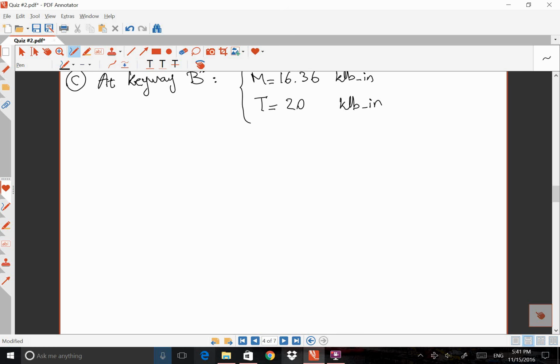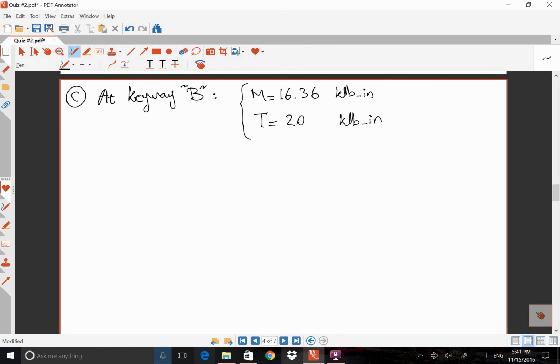Now I need to find two important factors for each of them. I don't want to go into details of how I can find them because I discussed them in the previous videos. For the moment, let's start with the torque. Maybe torque, that's easier. Torque is steady at point B the whole time. So if that's the torque time behavior, torque is steady at all times, and that equals 20.